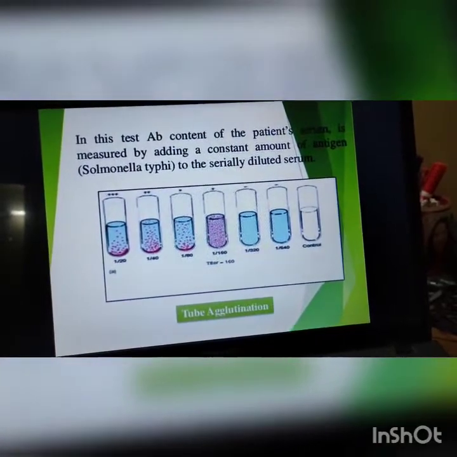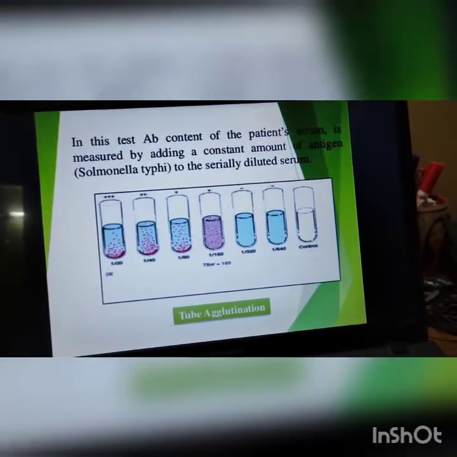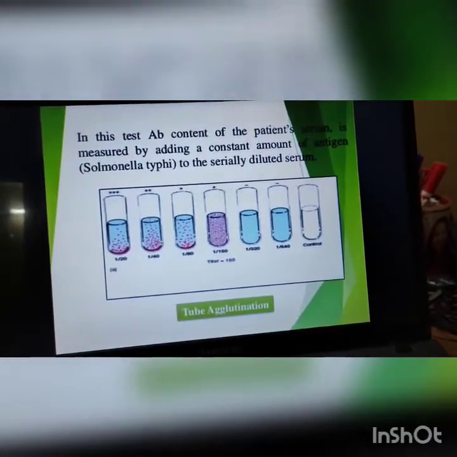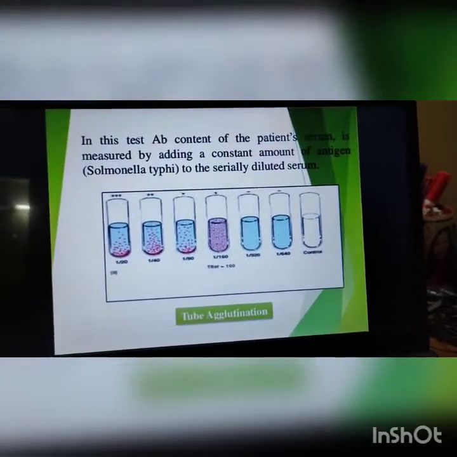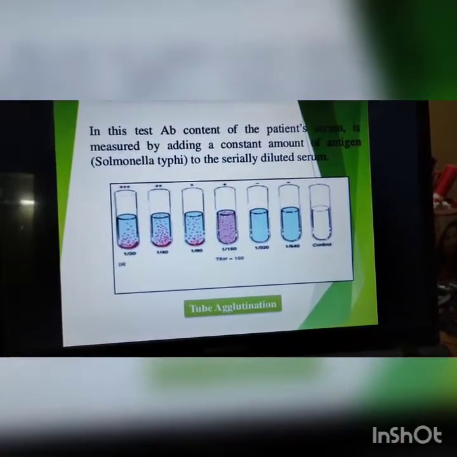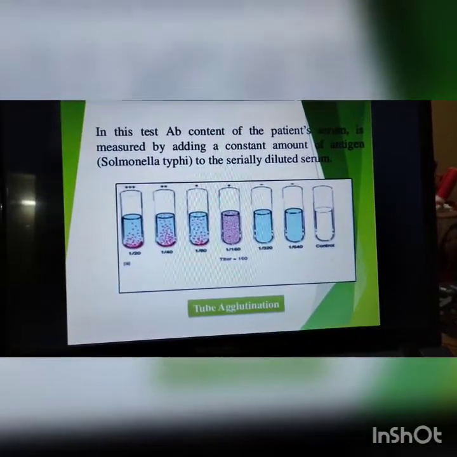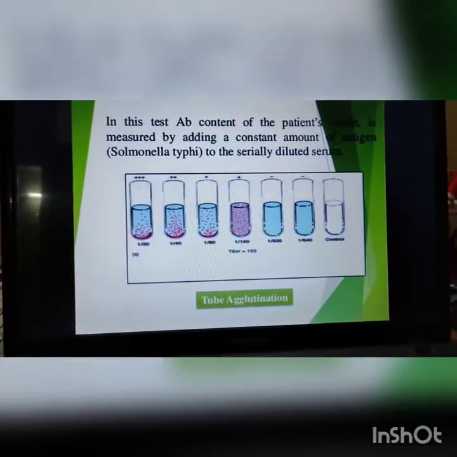Beyond that, 1:320 and 1:640, with the control normal or negative, show the concentration of that antigen present in the individual. But 1:20, 1:40 and 1:80 is the normal condition, and it is concluded on the basis of the titer value.